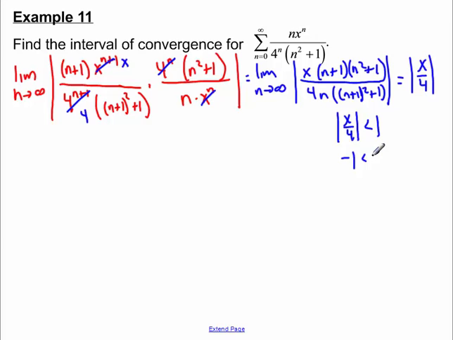Now we need to check the endpoints, meaning what we do is we plug in -4 for x in this original summation.